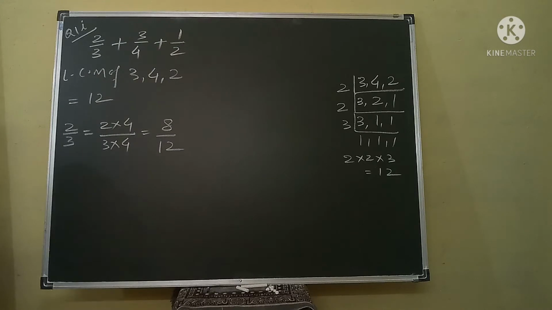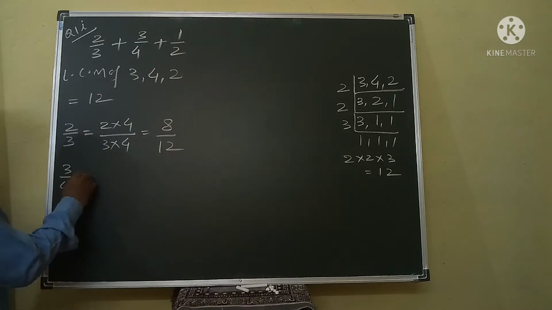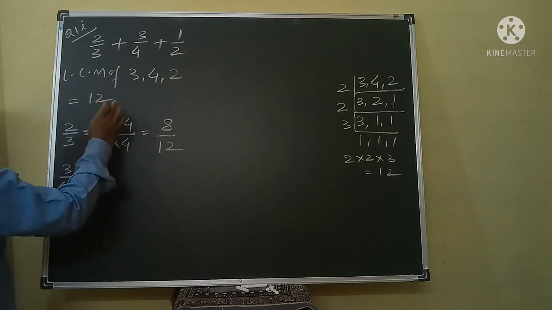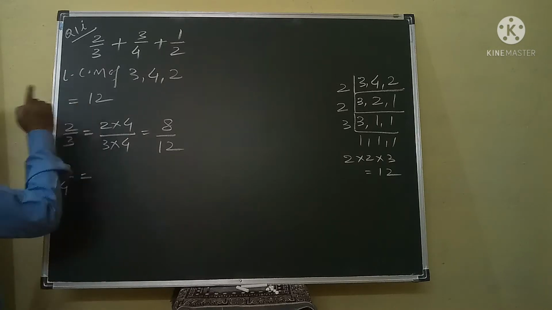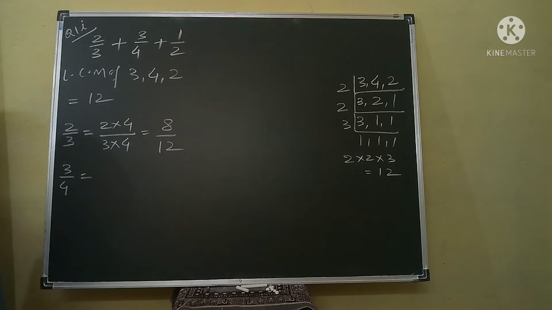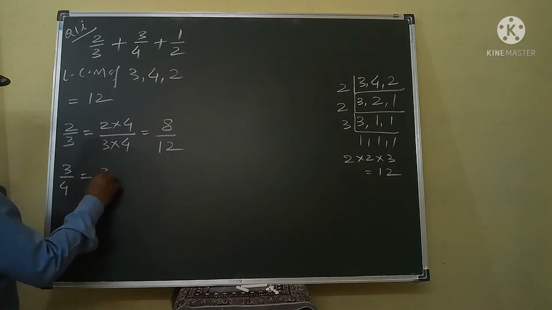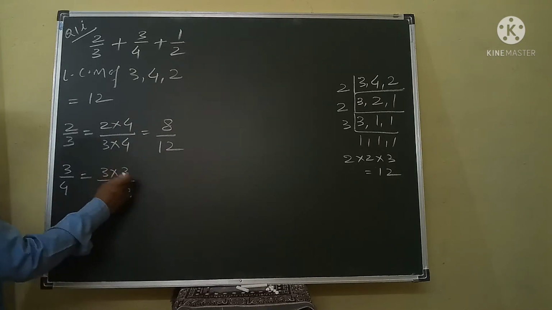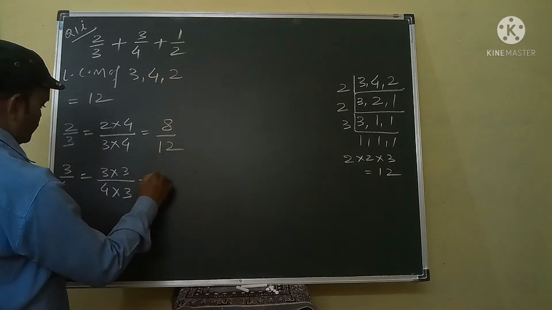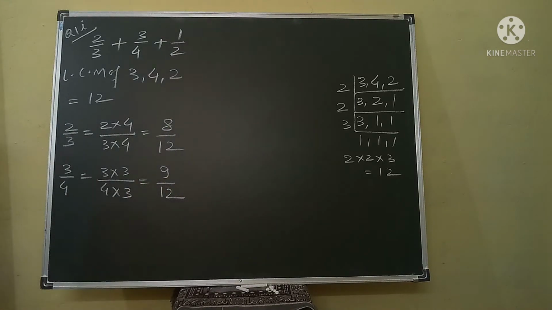Okay. Then after, in the second fraction 3 upon 4, the denominator is 4 and LCM is 12. That means we will convert 4 to 12. So what will you do? 4 3s are 12. So in numerator and denominator multiplied by 3. 3 3s are 9, 4 3s are 12. Okay.